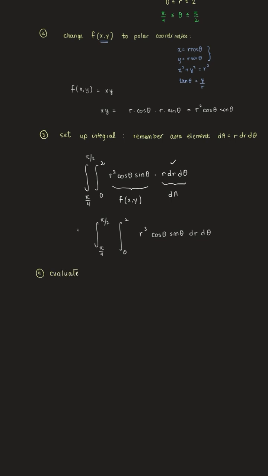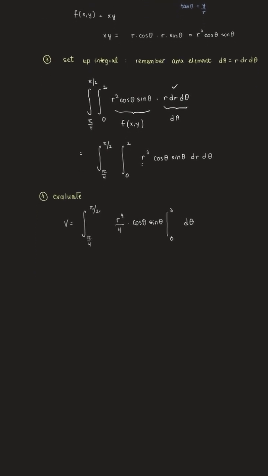So let's do that. Let's evaluate our integral, and since we are evaluating with respect to r first, and we have an r cubed, theta is held fixed, so this will be r to the 4th over 4 times cosine theta sine theta, and we will be integrating from 0 to 2, and let's not forget that we will still need to integrate with respect to theta after we do the first integral.